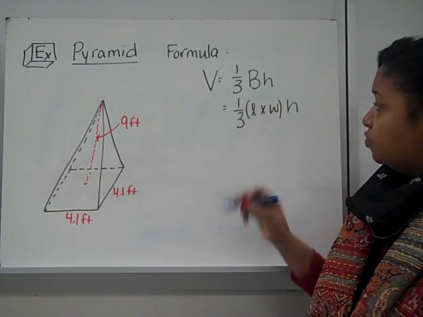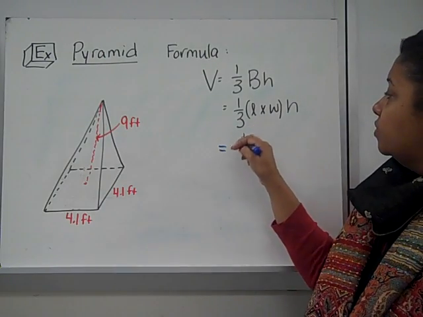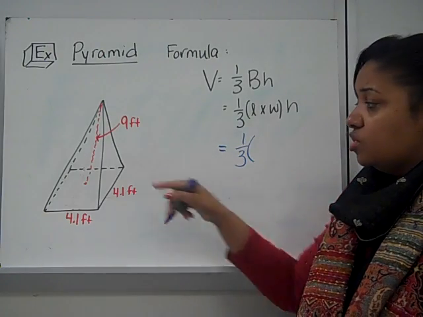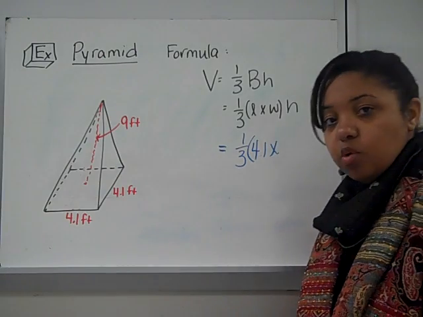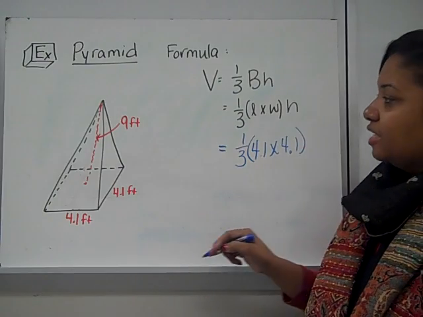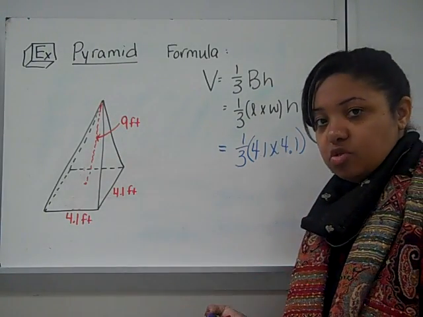We're going to follow through with formula plug and chug. 1/3. Our length and width, we're just going to say 4.1 times 4.1, or you could say 4.1 squared. Then times the height. Now the height, this is not the height of the side like it would be for surface area.